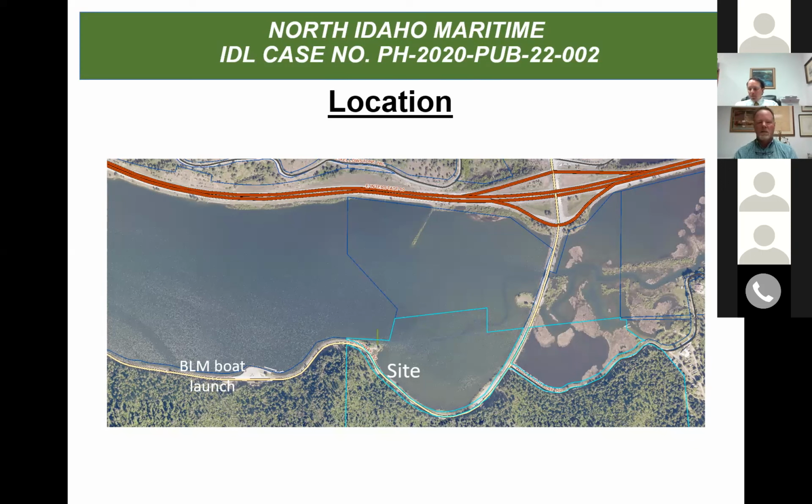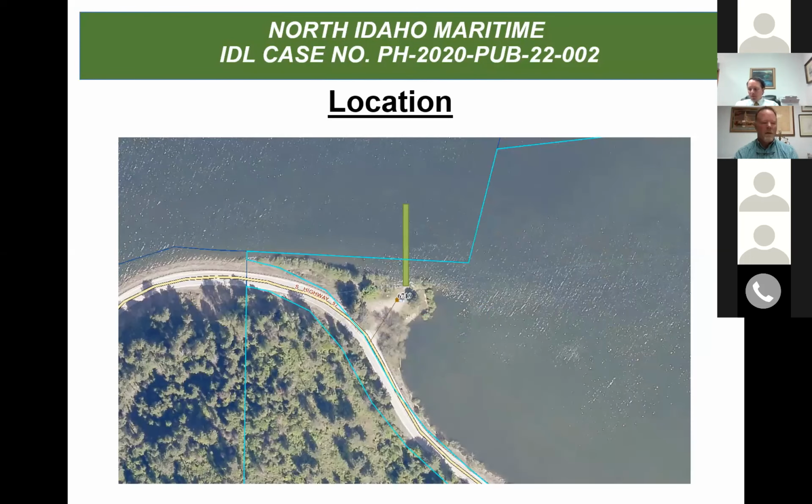On the right-hand side of the screen, there's a campground back there. And then if you look very closely, you can see the proposed encroachment in green there, but you've got to look pretty close because it's not very prominent in this scale here. We go to the next slide, please.